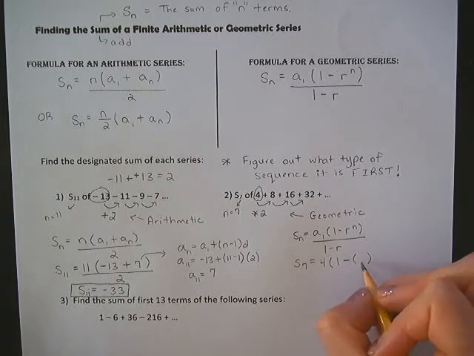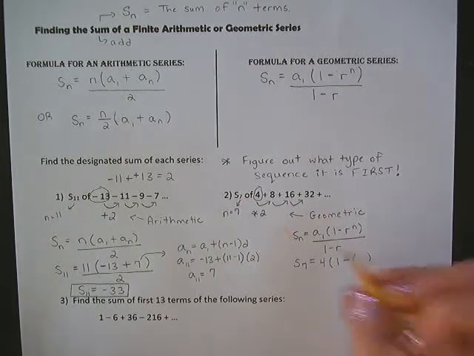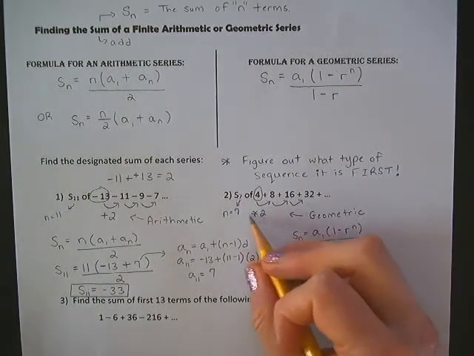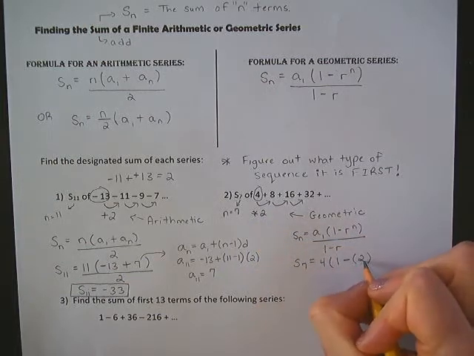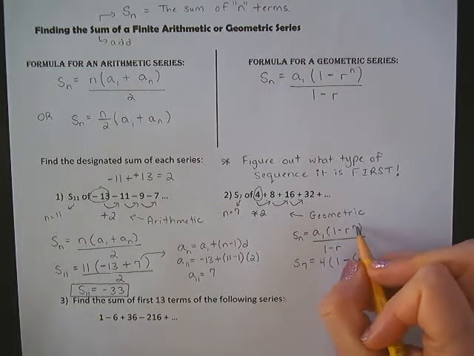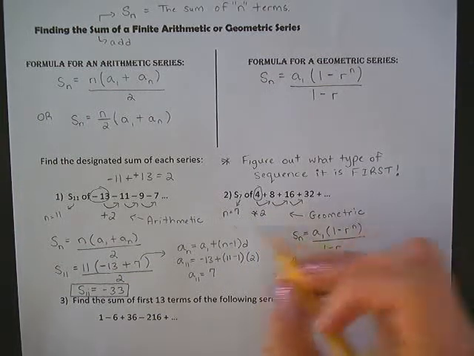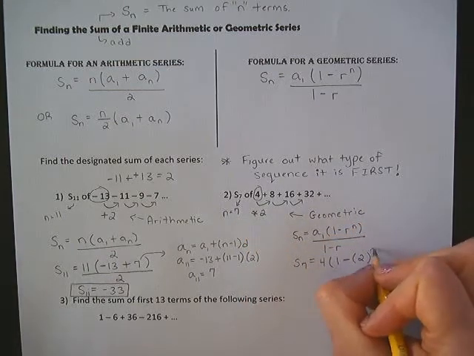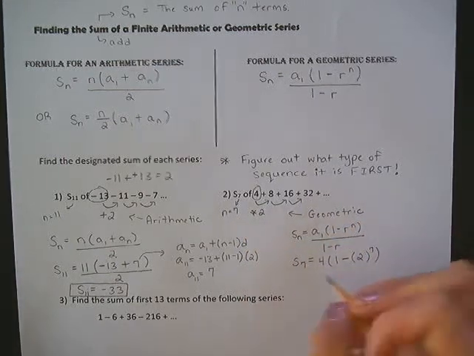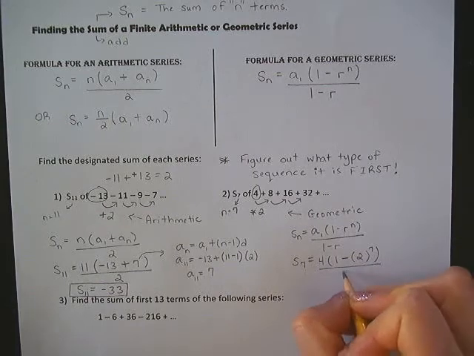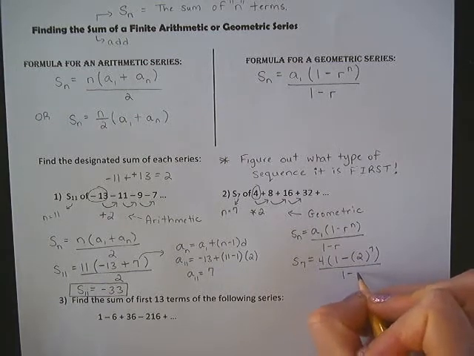So my common ratio, remember, is whatever number I'm multiplying by, so that would be 2. That's what goes there. And then it's to the power of n. Remember, n is however many terms you're adding up. So it'd be to the 7th power. And then all of that is over 1 minus your common ratio, which is 2.